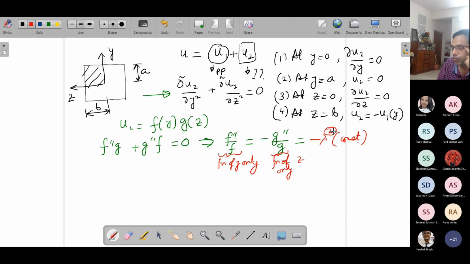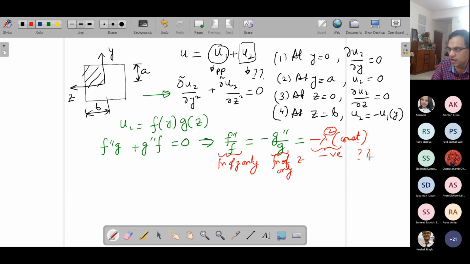That means by taking it symbolically as minus lambda square, we are taking it as negative. So the question is why we are taking it as negative. We will understand this immediately if we just take one of these equations and try to solve it.